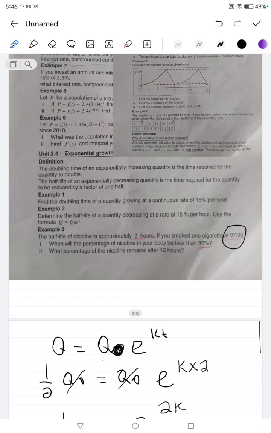Okay, what percentage? We're going to go about doing this one.